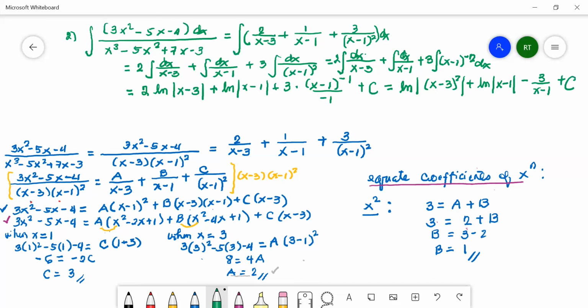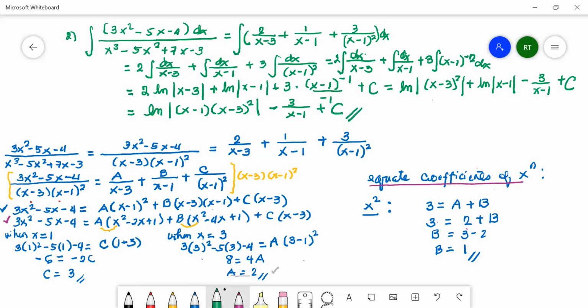Now, if we are going to use the first law of logarithm, we can express the first two terms as single logarithm. And we can have natural logarithm of the absolute value of quantity x minus 1 times the quantity x minus 3 raised to the second power. Okay, we use the first law of logarithm, then minus 3 over x minus 1 plus the constant of integration.